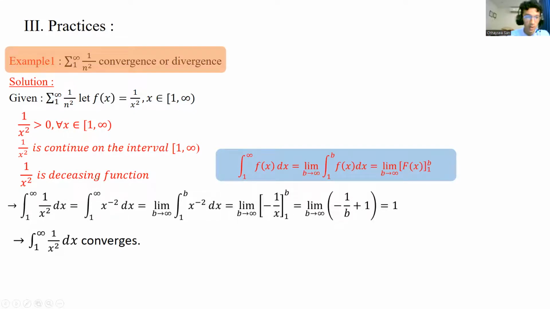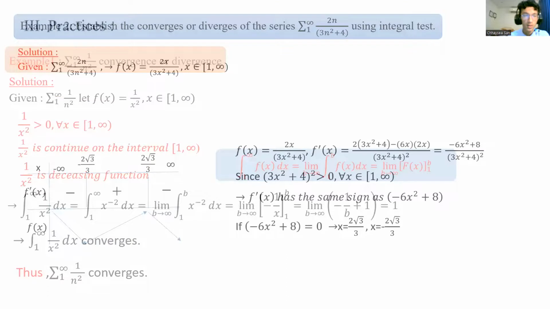We can use this to calculate the integral, and its final result is 1. So it's equal to a finite number, which means the integral converges. So if the integral converges, the series also converges.